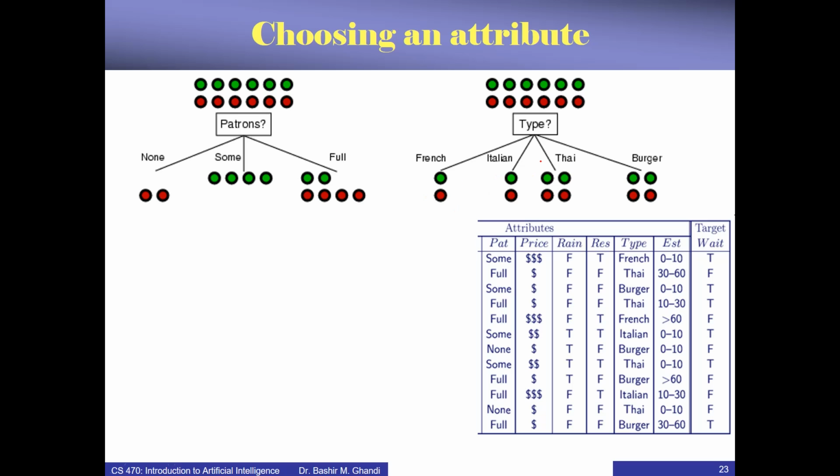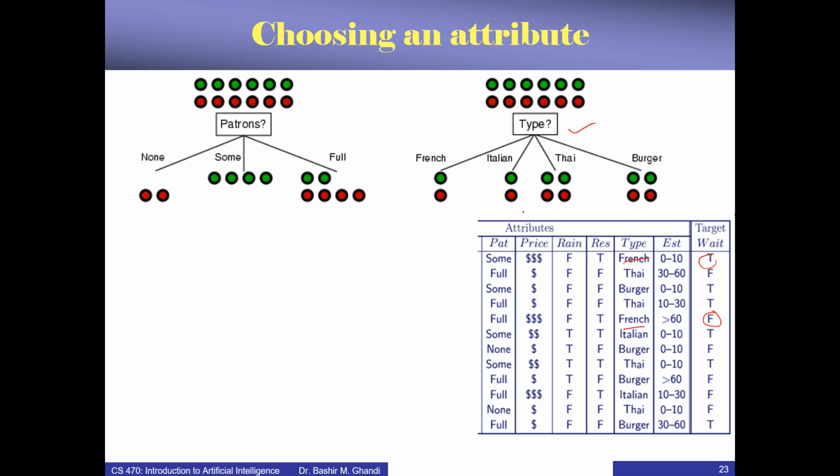On the other hand, if you look at type, it turned out to be a very bad attribute to use for splitting, because in all the cases it gives us a mixture, actually an equal number of false and true. For example, if you take French, we have two French, one of them is false, one of them is true.